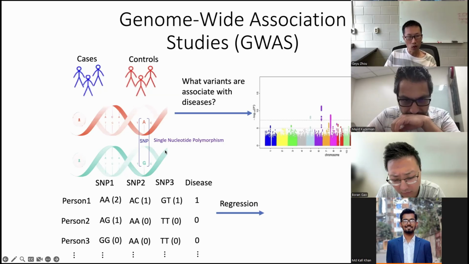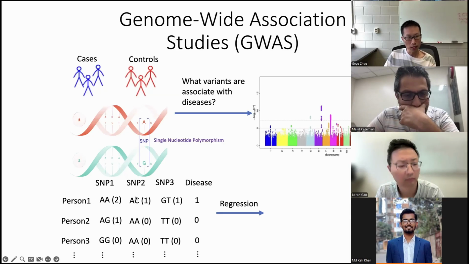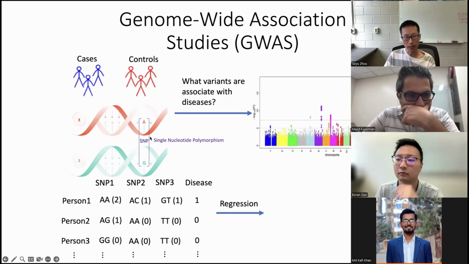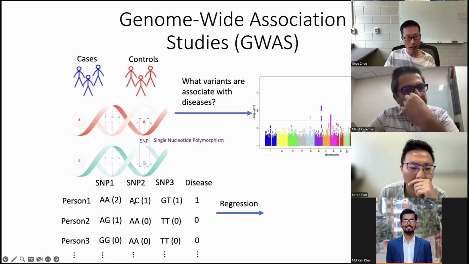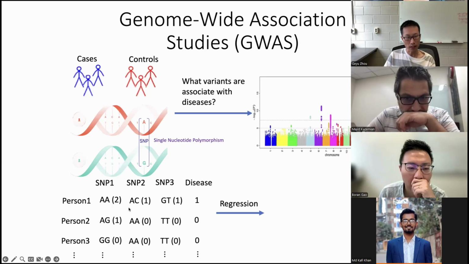And this is what GWAS data looks like. Suppose we have three people and we have the genotypes at three SNPs. For person one, at SNP1 there's AA, and for other people and other SNPs, we can similarly read the genotypes.